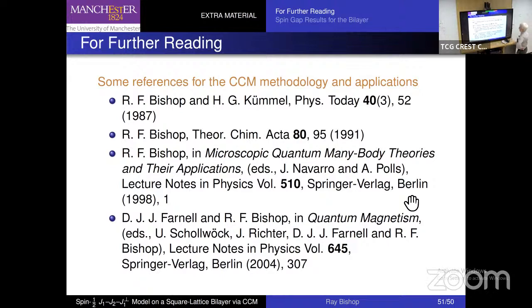As I say, at the moment this is very much an open field. One thing that for sure is interesting in and of itself is to generalize coupled cluster theory for stationary states to time-dependent phenomena.